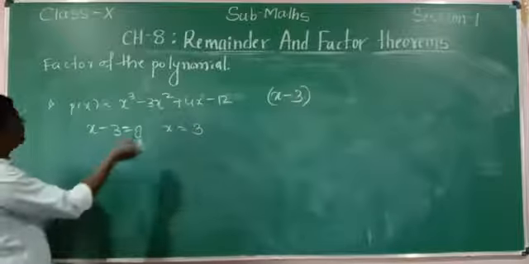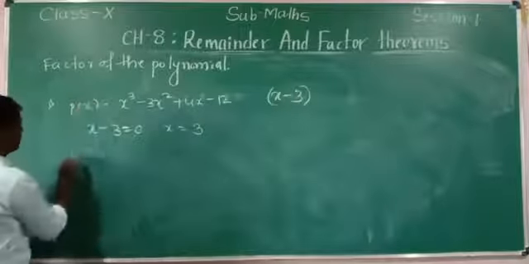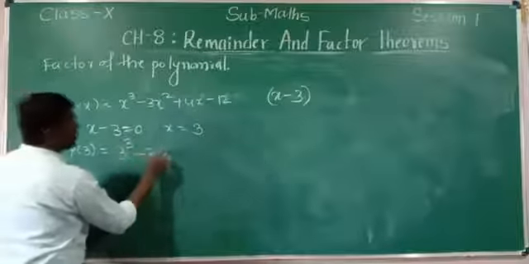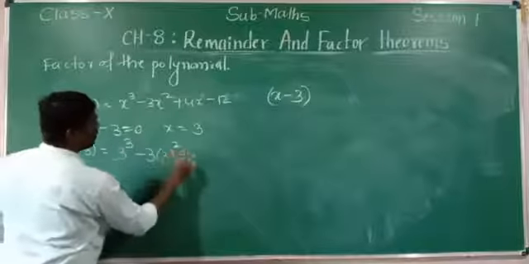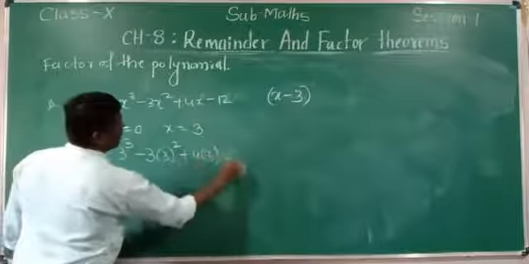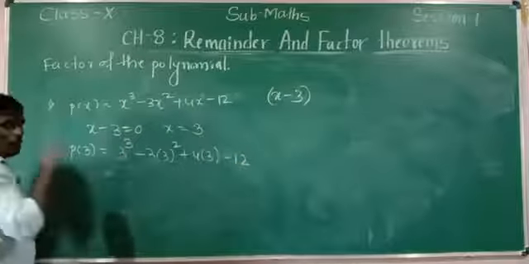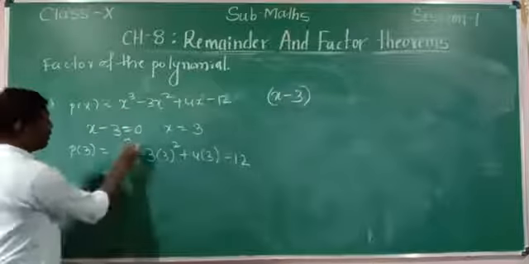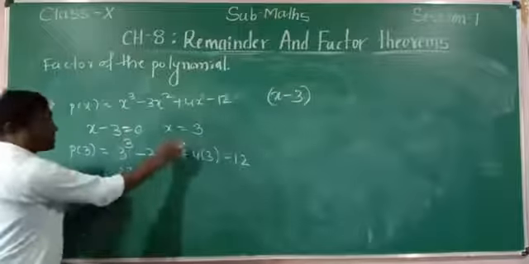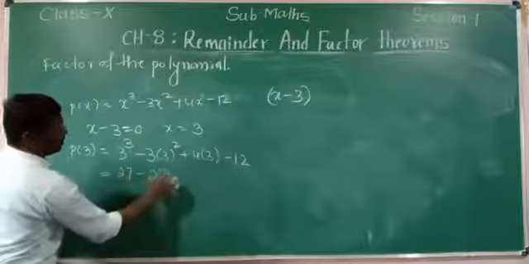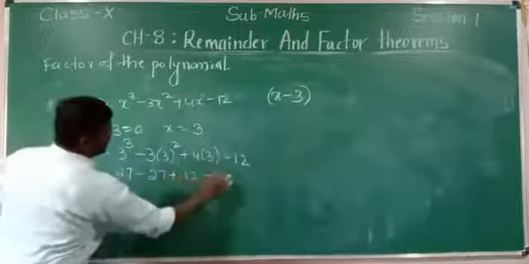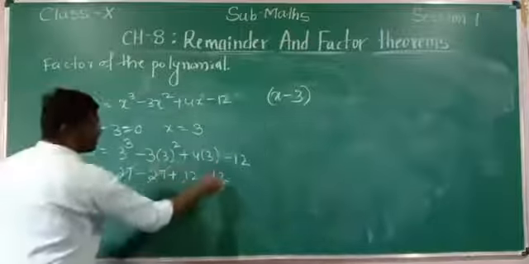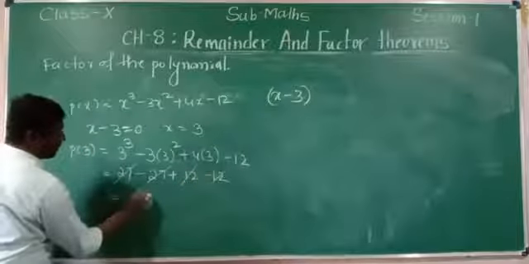Just substitute the x value in the given expression. P of 3 is equal to 3 cube minus 3 into 3 square plus 4 into 3 minus 12. 3 cube is 27, 3 square is 9, 9 3s are 27, plus 4 3s are 12, minus 12. Now plus 27 and minus 27 get cancelled, and plus 12 and minus 12 get cancelled, remaining 0.